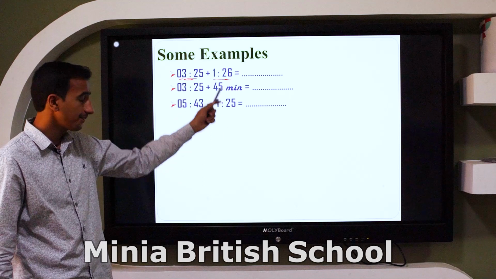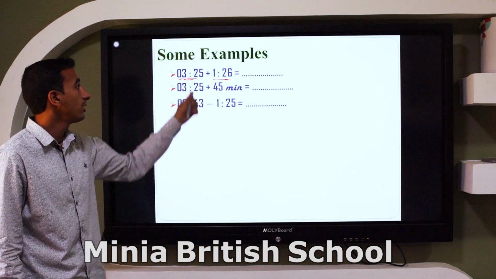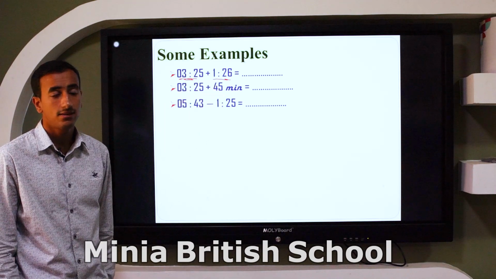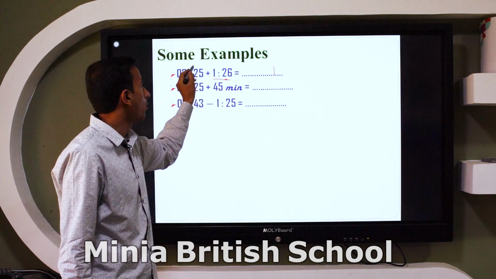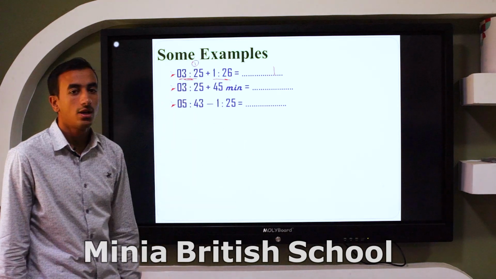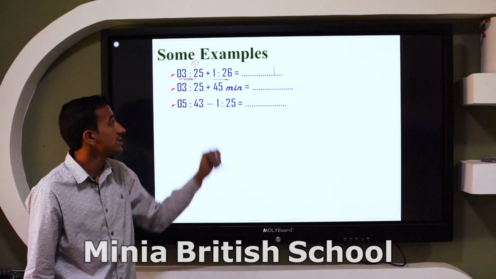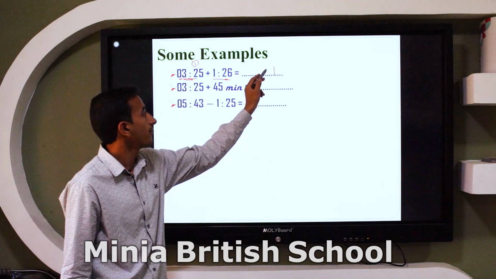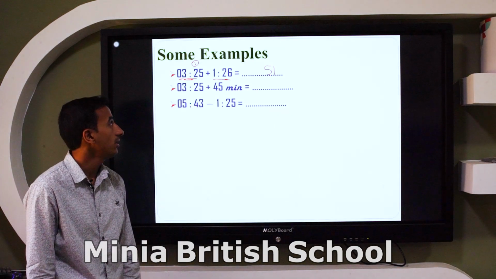So I can add first minute by minute and hour by hour. 25 minutes plus 26 minutes: 5 plus 6 equals 11, write 1 and carry 1. 1 plus 2 equals 3, 3 plus 2 equals 5. So 51 minutes.